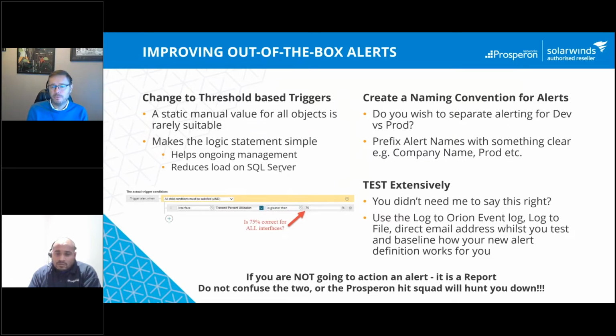It's probably more of a report. So identify the difference between those. I've got a couple of examples in the demo that will get this message across. You can have a daily, weekly report coming out of Orion that will give you everything and a lot more probably than an alert can. So think about the situations and circumstances that you actually need to be actively told about an issue that exists.